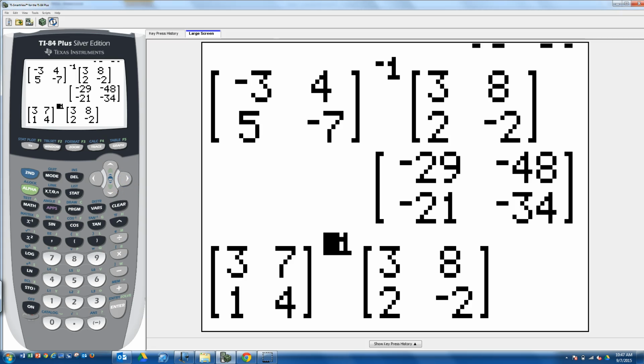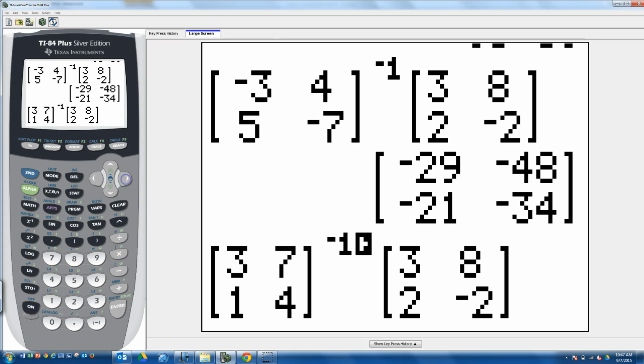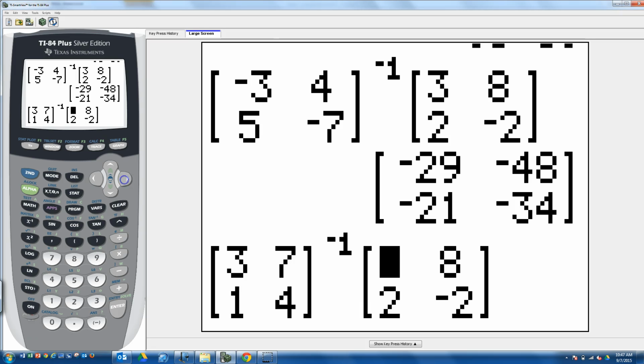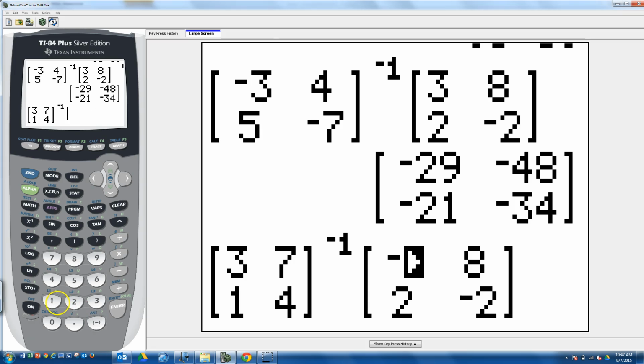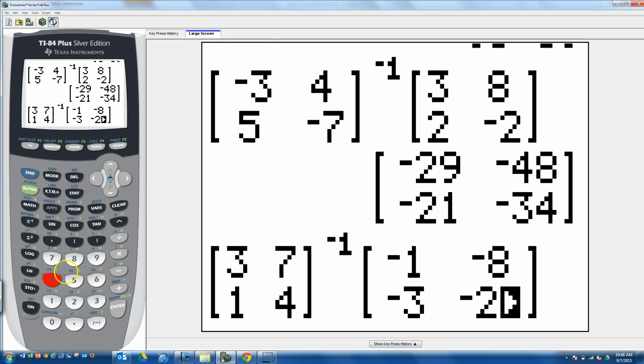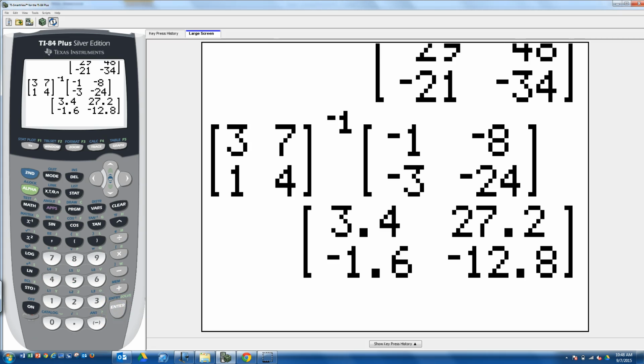And then over here, what we just calculated when we subtracted, we get -1, -8, -3, and -24. Alright, and then you hit enter, and you get some decimals.